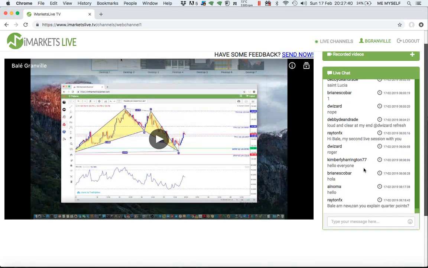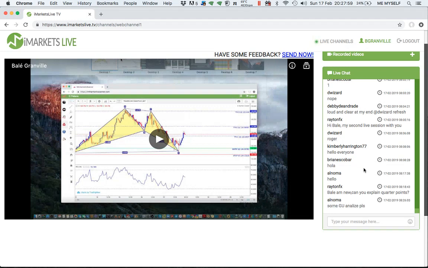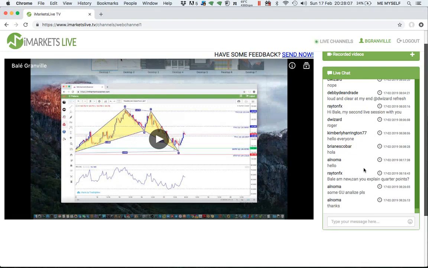Any other questions? And we could look at another trade and see whether that was on the Harmonic scanner as well. GU, GU analysis.